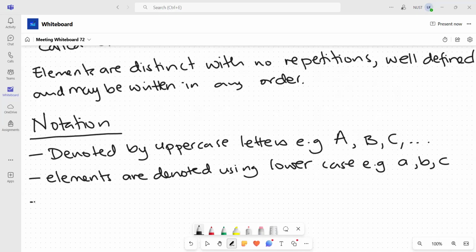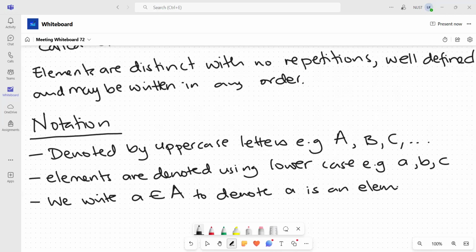Okay, and then when we want to show that small a is an element of set big A, we write a is an element of the set A. This is a symbol.